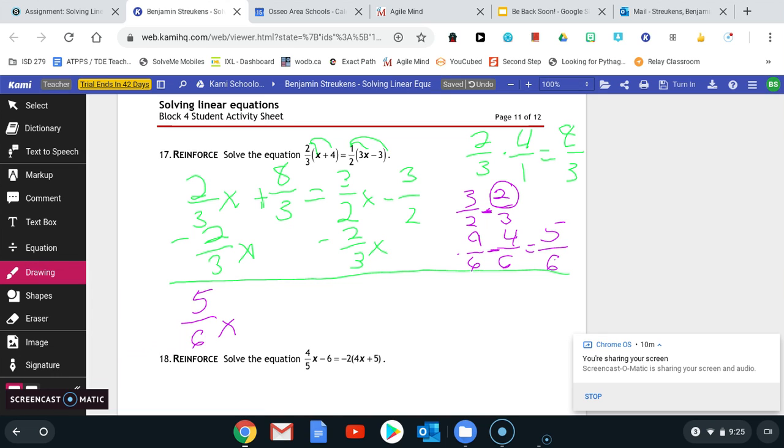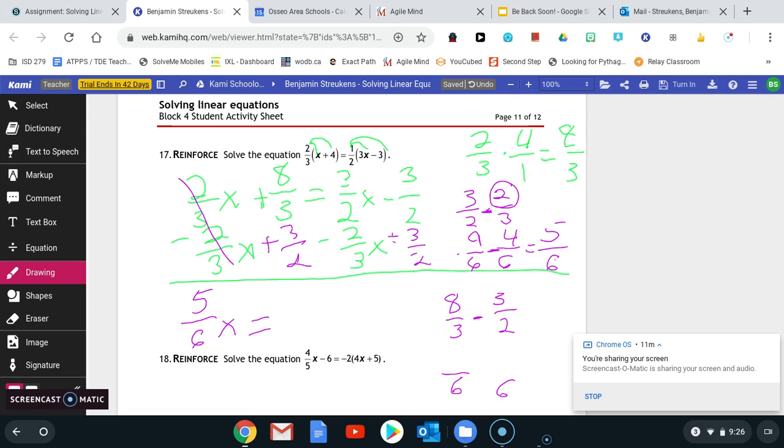So now we subtracted these, so what I'm going to do is have to add 3 over 2 to the other side. So in this case, again, I'd probably have the same common denominator of 6. So it would be 8 over 3 minus 3 over 2. But I want to change them both to 6.